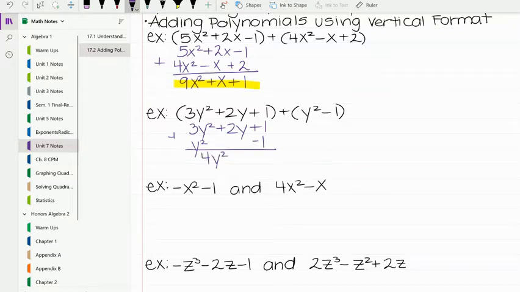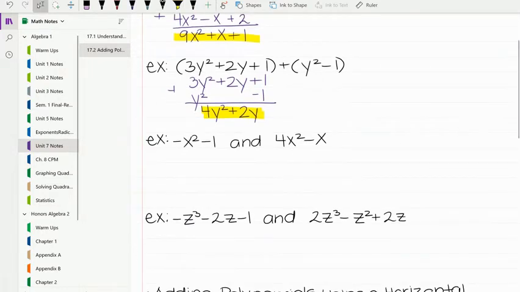And then the 2y plus nothing will just be 2y. And then we have 1 and then negative 1, so that ends up being 0. So this would be our answer. And if we were to classify this one, it would also be a second degree, but this time a binomial because there's only two terms.